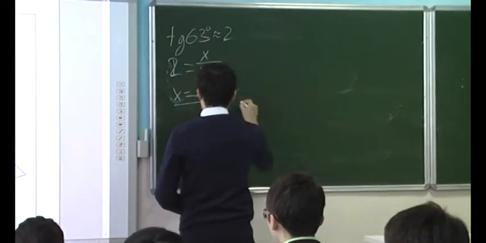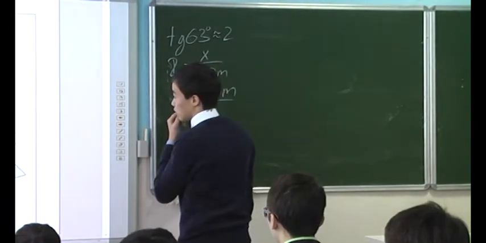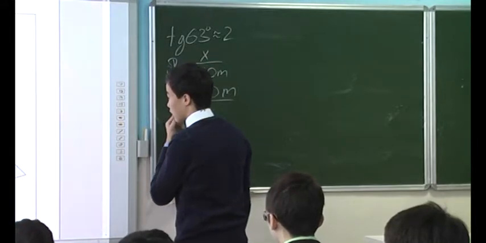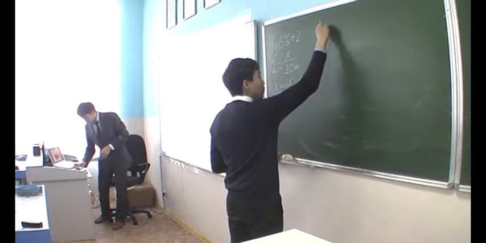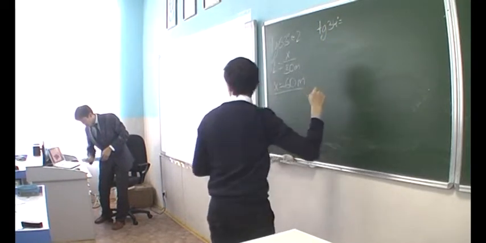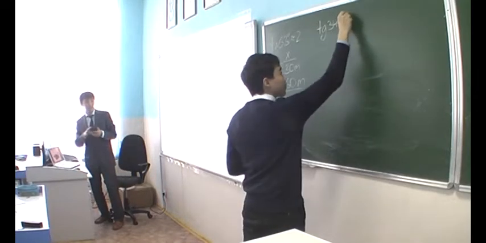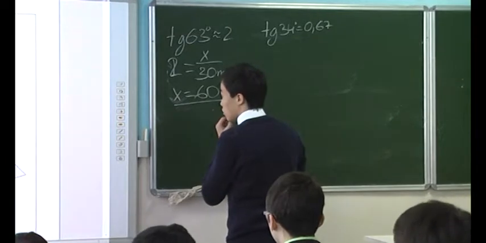Yes, that's correct. Second thing that we must do is also by using tangents, but now of 34 degrees. Tangent of 34 is 0.67. So here's the opposite.